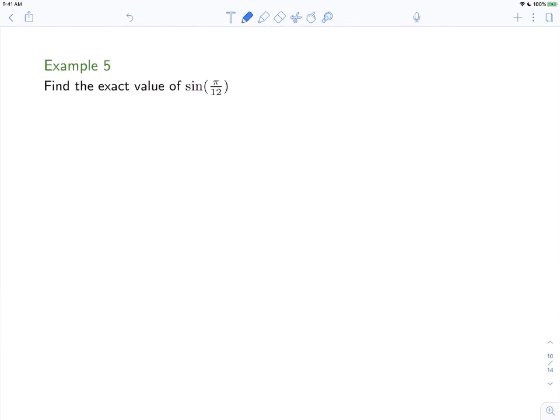So for this one, sine of pi over 12 is equal to plus or minus the square root of 1 minus cosine. Whatever the angle is, you just double it. So that's plus or minus the square root of 1 minus cosine of 2 times pi over 12, that's pi over 6, divided by 2.